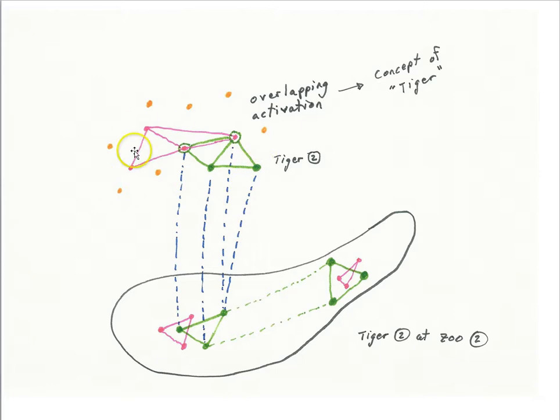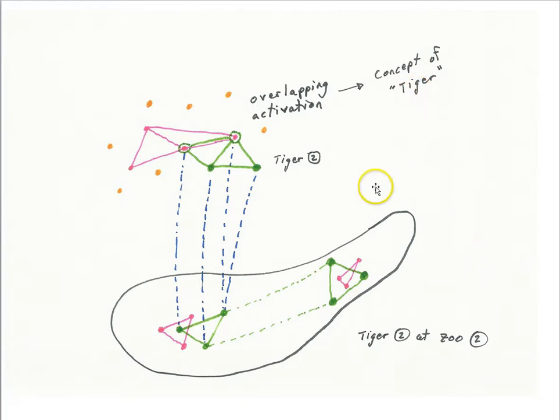But up in the cortex, while there may be some unique cortical cells that are active for Tiger 2, there is presumably some overlapping activation, because Tiger 2 is similar to Tiger 1. And it's this overlapping activation that scientists hypothesize might be the basis for representing the concept of tiger.